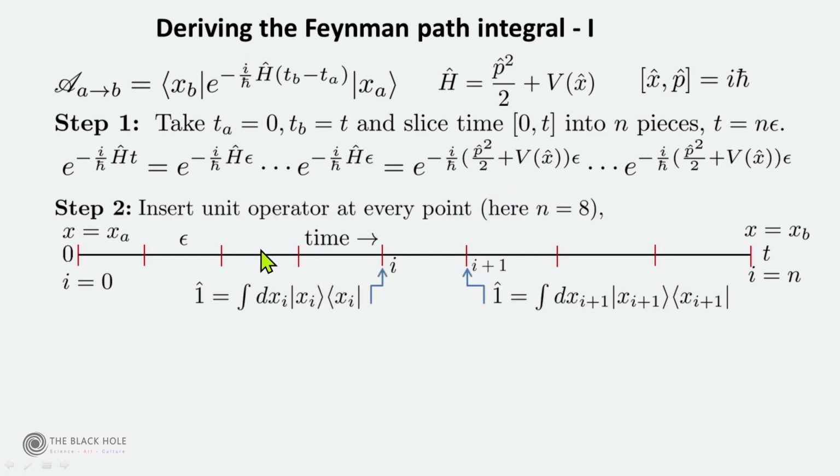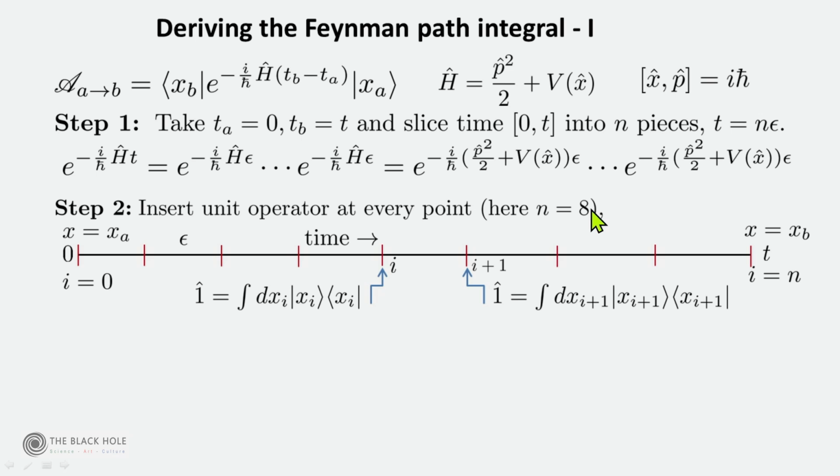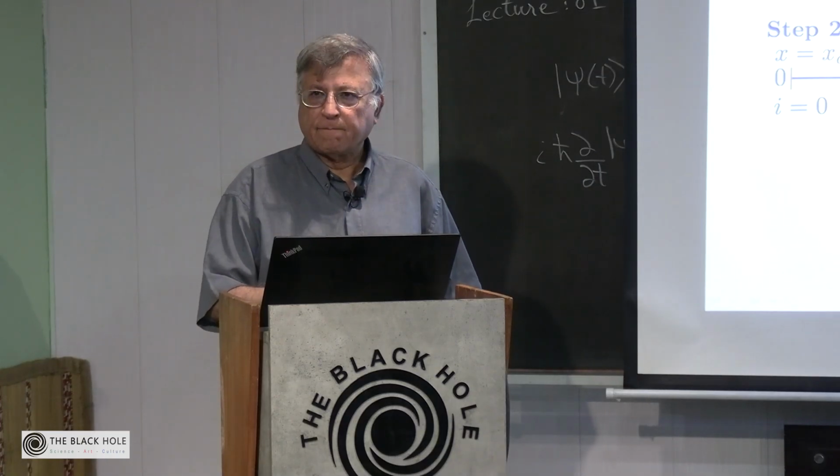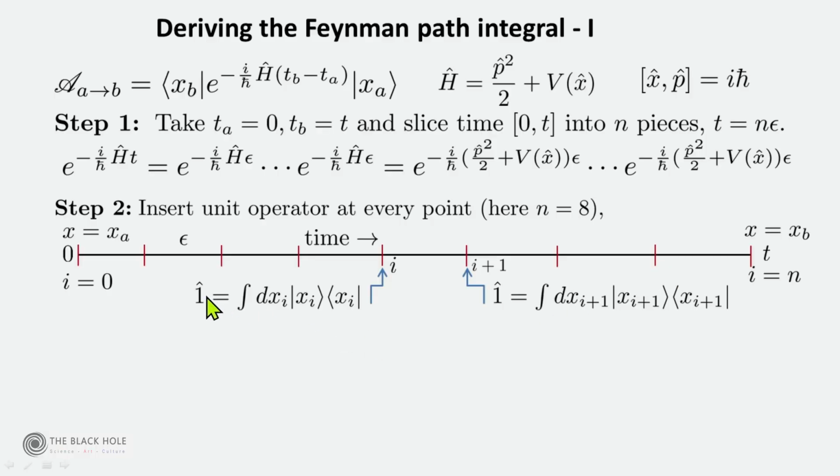So here in this, I have eight intervals. So I'm now going to do a little trick. At each one of these points, here, here, here, here, here, here, and here, that is to say at 7 points, 1 less than n, I'm going to insert the unit operator.